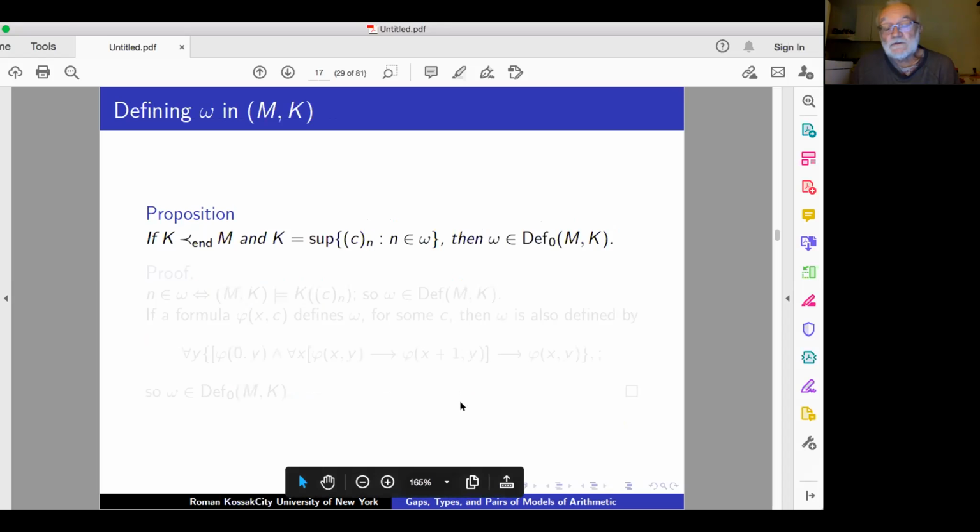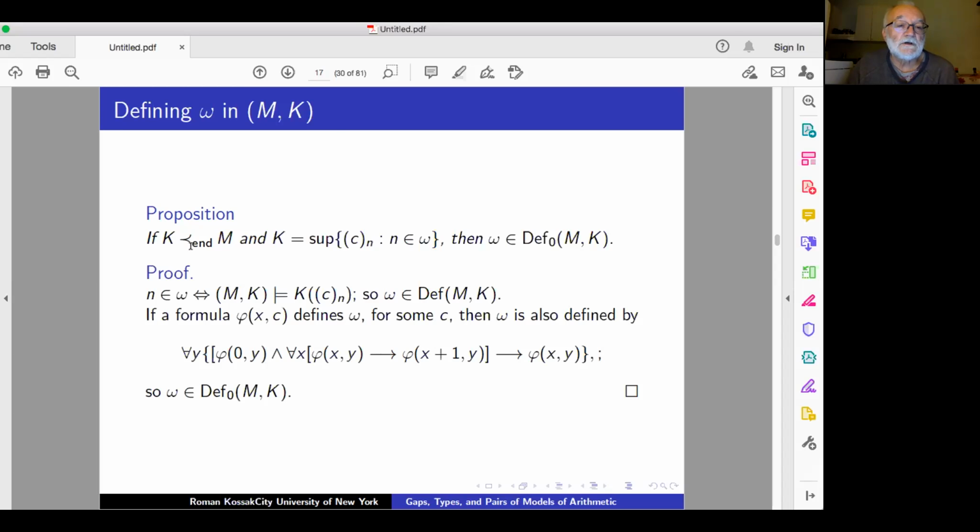Another useful property of those shortcuts is that if you have not just short, but any elementary cut that has this property, what we call omega coded cuts, which are the supremum of a coded omega sequence, then you can define omega in the pair, and 0 means the definition without parameters. How does it work? Well, a simple definition with parameters is that n is in omega if in M K the nth term of the sequence is in K. But that's a definition with parameters.